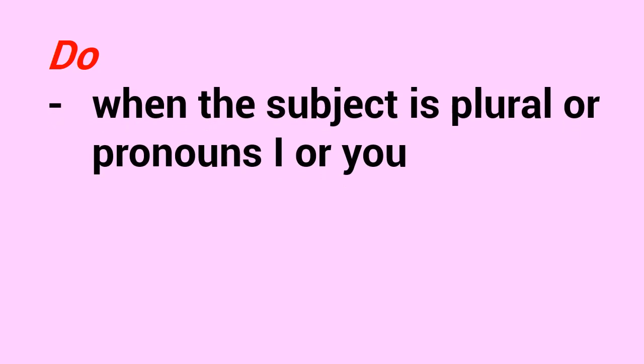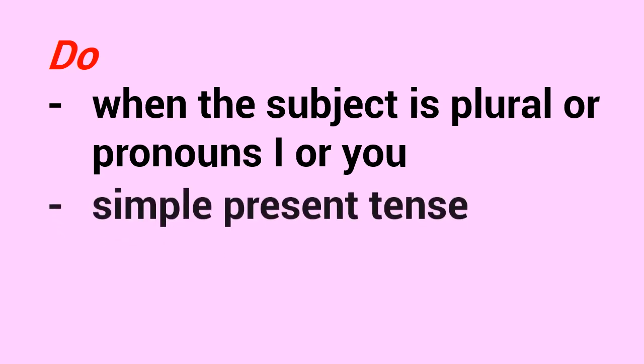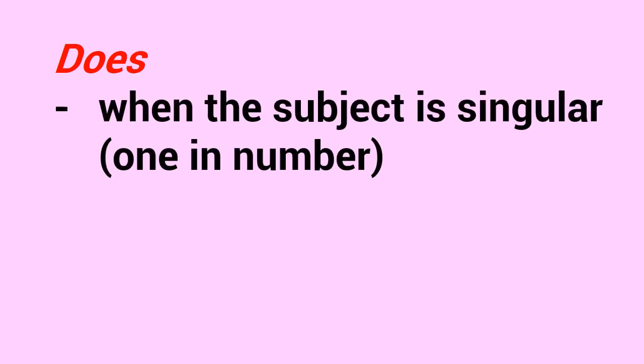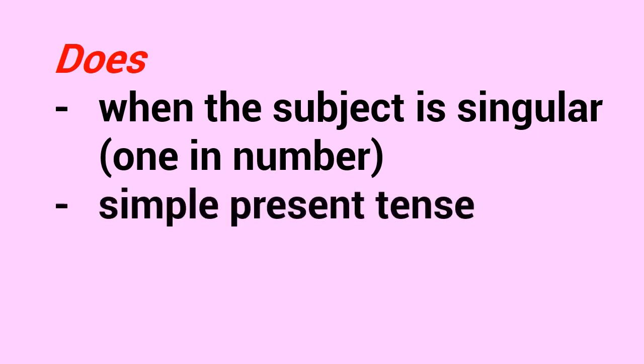We use do when the subject is plural or when the subject is the pronoun I or you, and we use do in the simple present tense. We use does when the subject is singular, or one in number, and it is used in simple present tense.